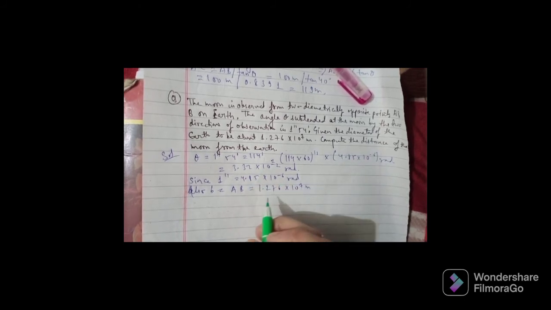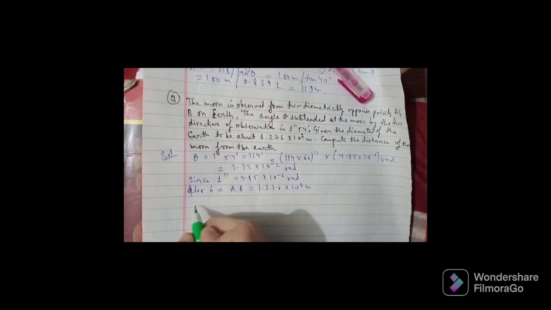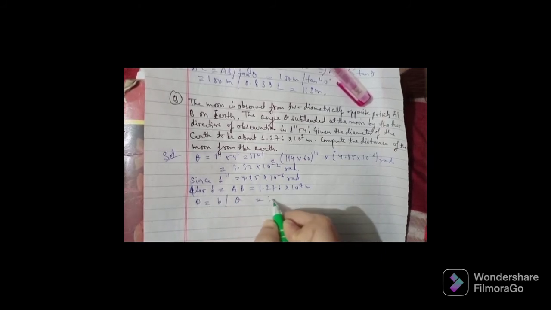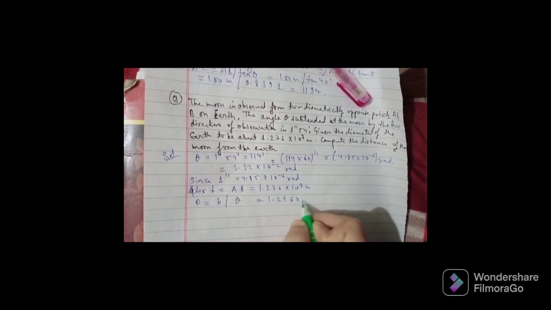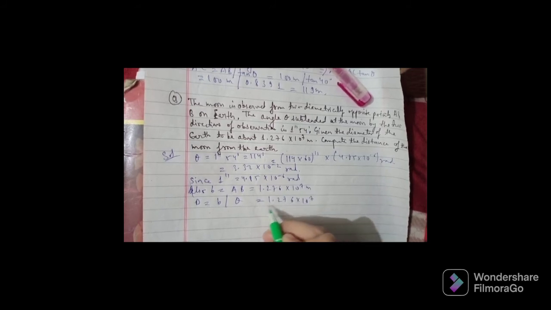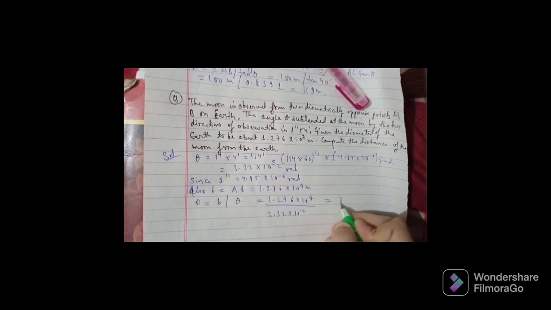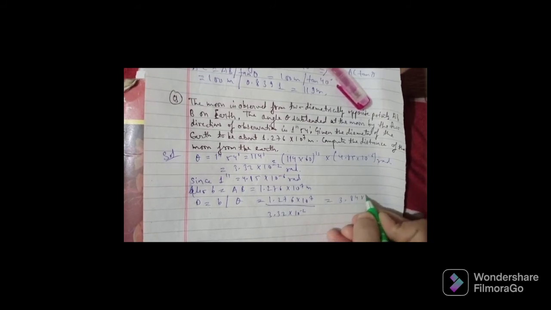So hence from this we have the earth-moon distance, which is D equals b by theta, which is 1.276 into 10 to the power 7 upon 3.32 into 10 to the power minus 2, which will give you 3.84 into 10 to the power 6 meter.